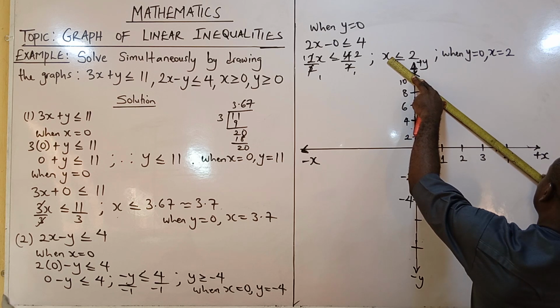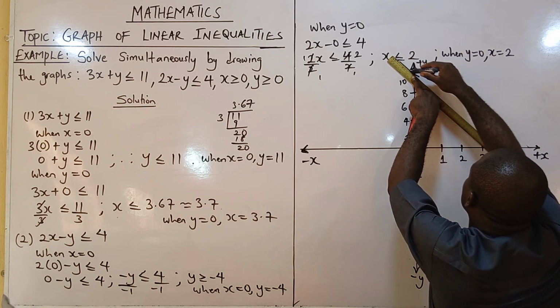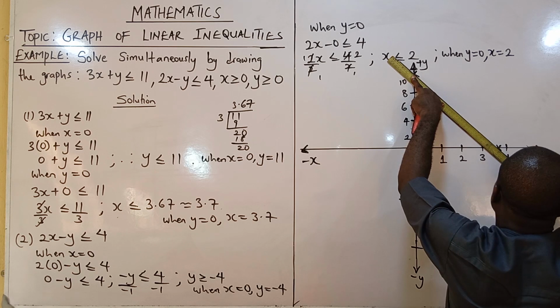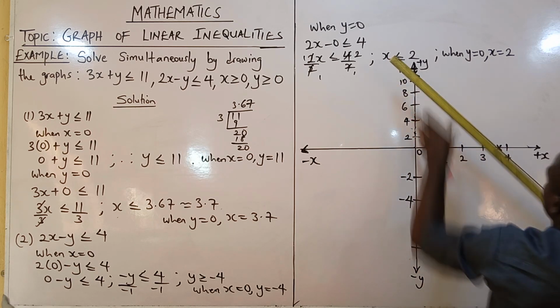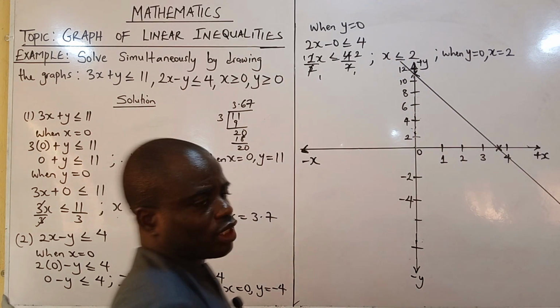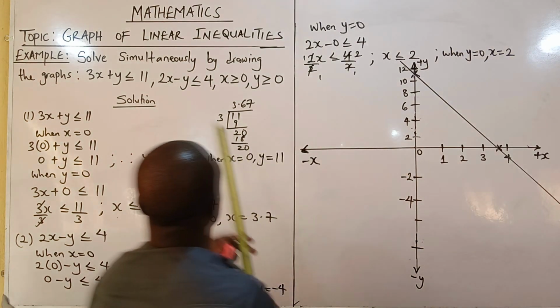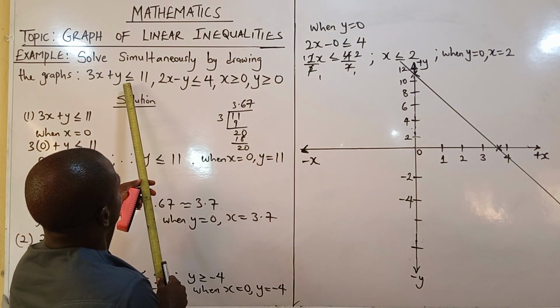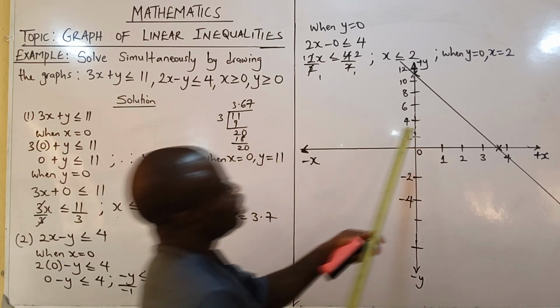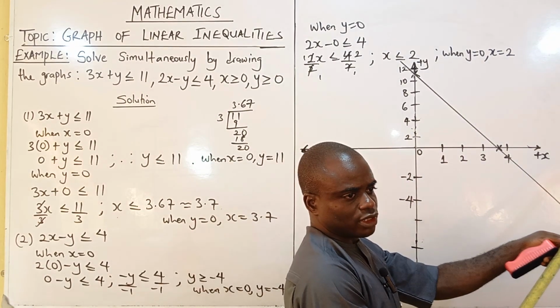Now use thick line. If it is ordinary less, use dotted line. Now, how do we know where to shade? You can use the condition given to us: if it is less or equals to, you leave the less and shade the opposite of it.